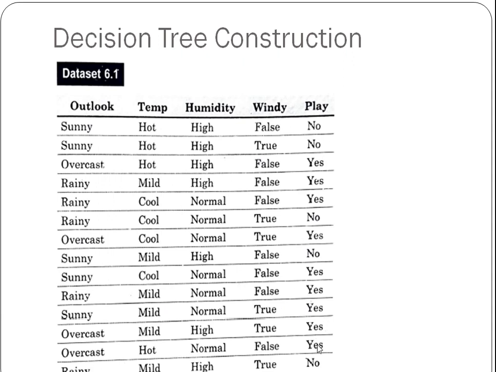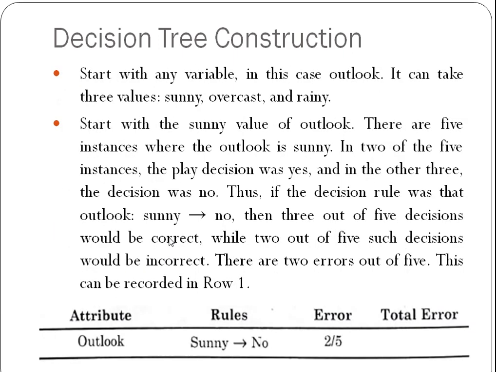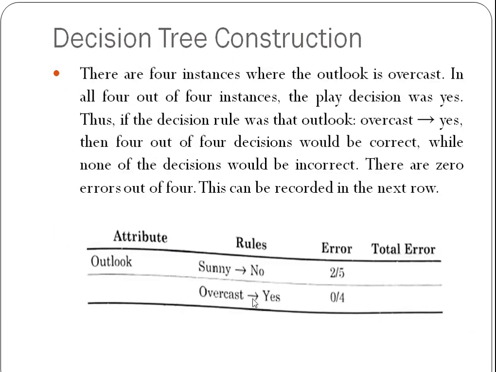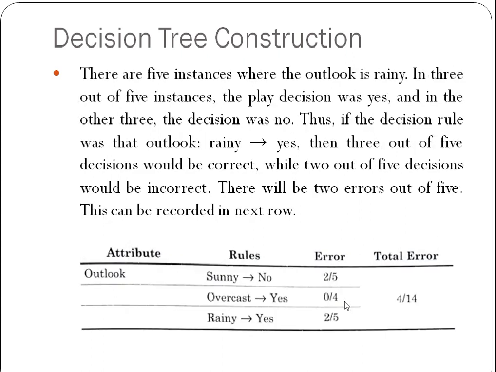In this case, if it is overcast, definitely the answer is yes. So the number of errors here is 0. The rule worked in all the cases. How many overcast values are there? 4. So how many errors? 0. Every time I applied the rule overcast yes, it worked perfectly fine.